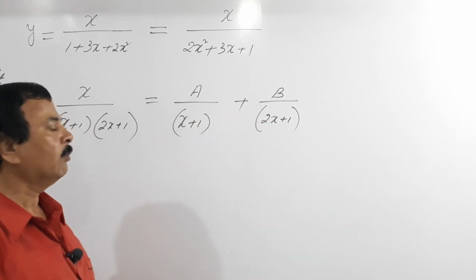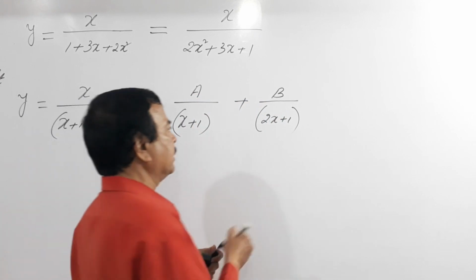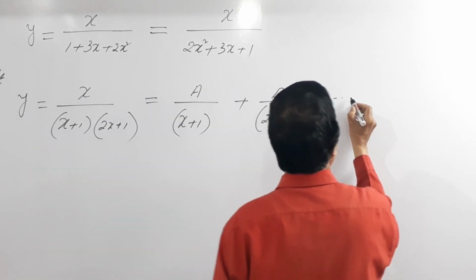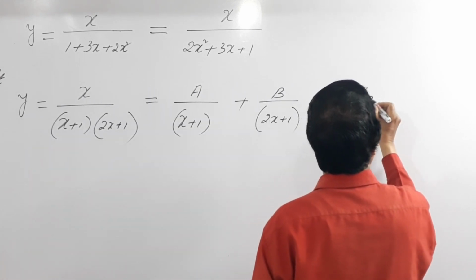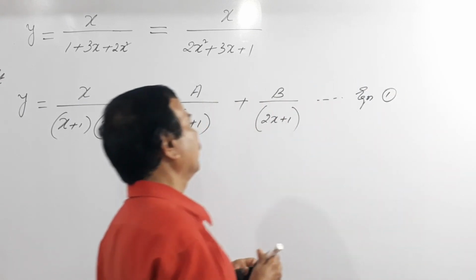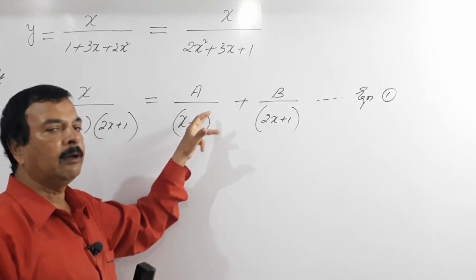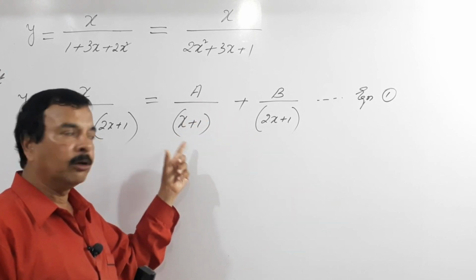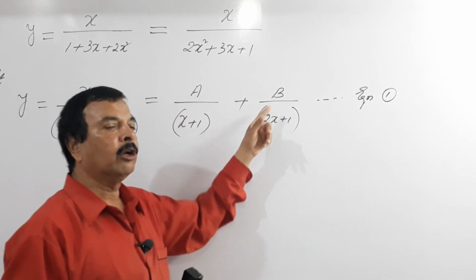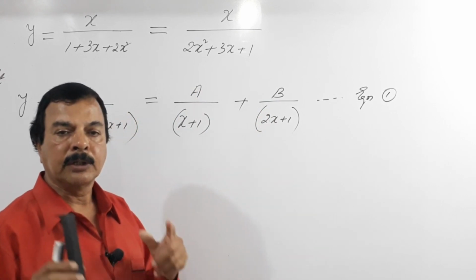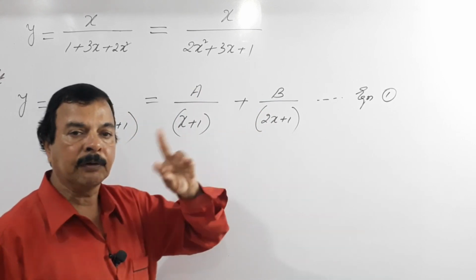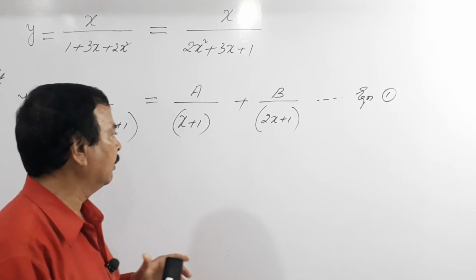It's very easy. I call this equation 1. In order to find the values of A and B, I take the denominator of A and the denominator of B and equate them to 0, so that we get two different values for x. We will proceed.